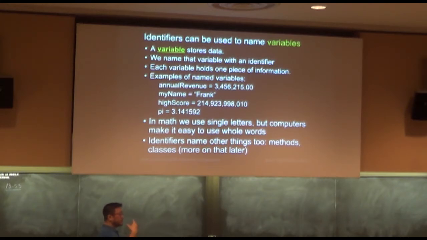Whatever you have on the left side is the container that's holding the data. The thing on the right side is the data. Now sometimes the thing on the right side is also a container that holds data, and you want to take what is in there and put it into the thing on the left. That's okay. But just remember, it's always the thing on the right being stored into the thing on the left.